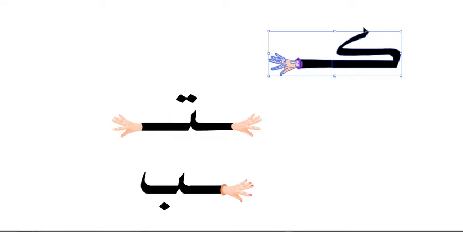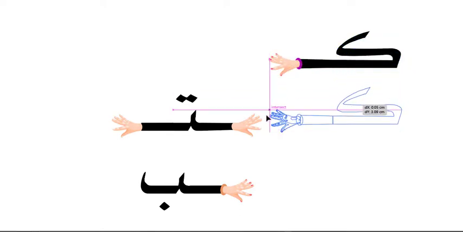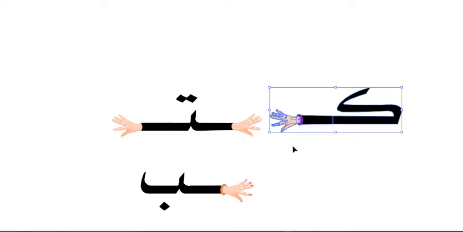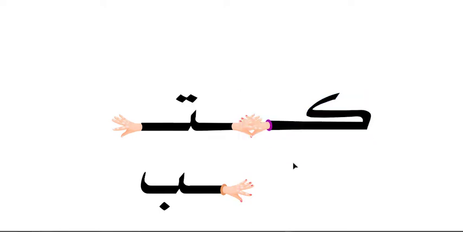So this is the letter kaf, and this is in the beginning of a word. It has only one hand because it will catch like that. But here there is no need for a hand because there is no letter before it.